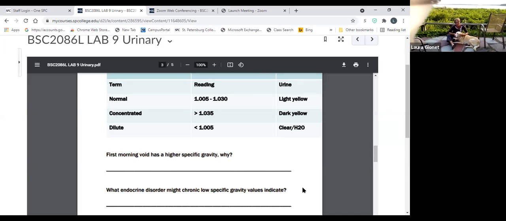The range for specific gravity, even though the normal range is 1.005 to 1.030, the scale that the reagent will detect can be broader than that, about 1.001 to 1.040 even, or 1.045.